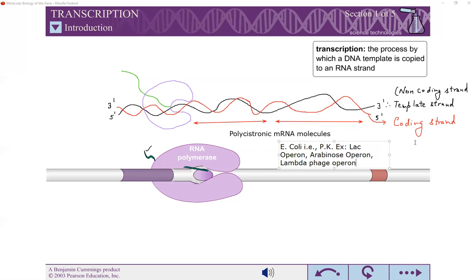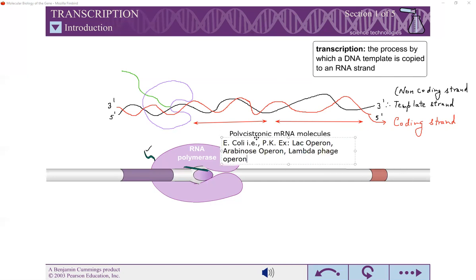These are some of the examples that should be learned. This is referred to as a polycistronic mRNA molecule.